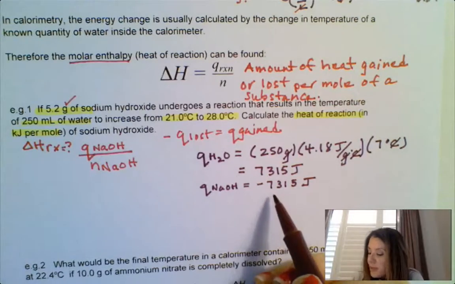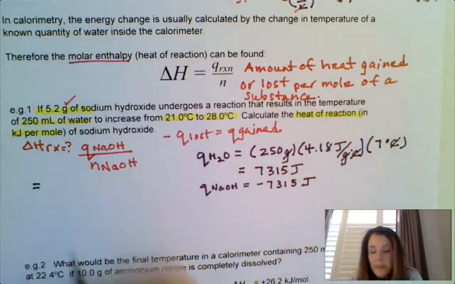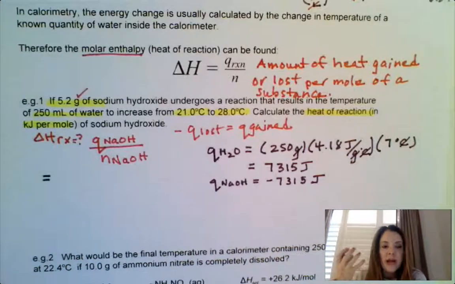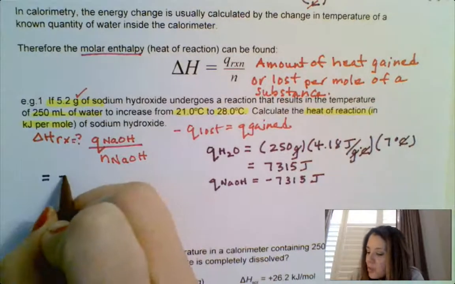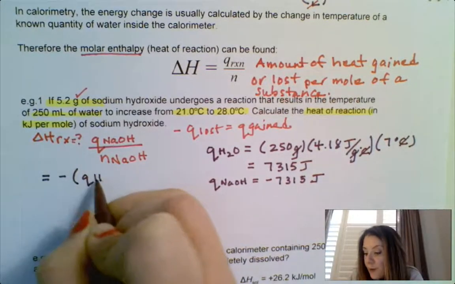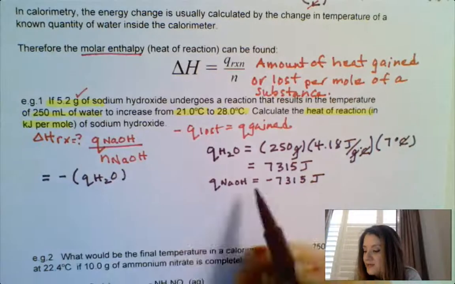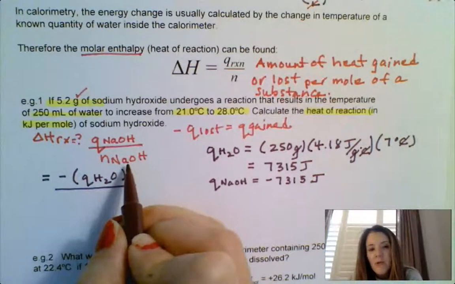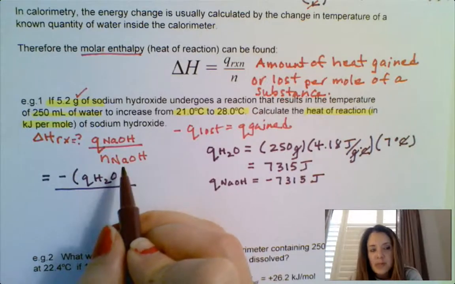Now, what I can do up here is change this formula if I want. If I'm looking to do this as one rearranging of formulas, I know that I take the negative of Q of water, all over the moles of sodium hydroxide. Now, what is the formula for moles of sodium hydroxide?